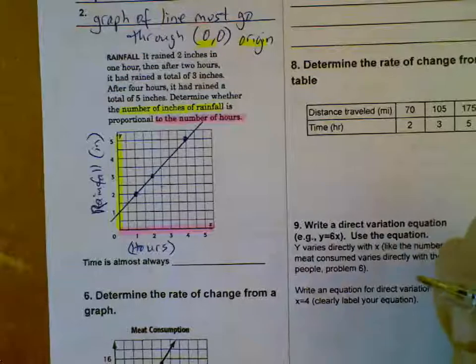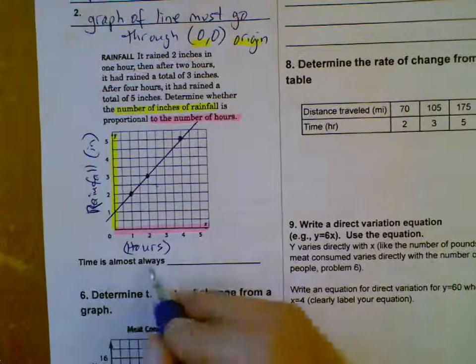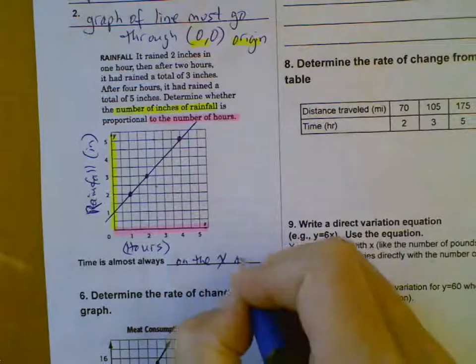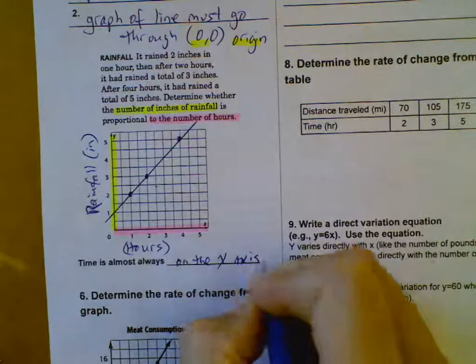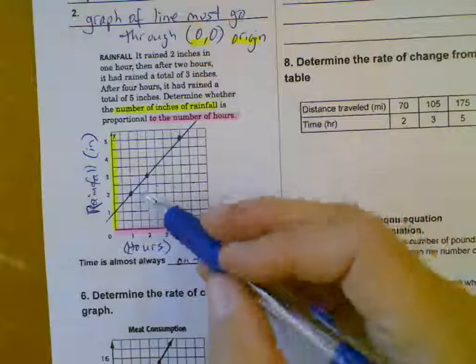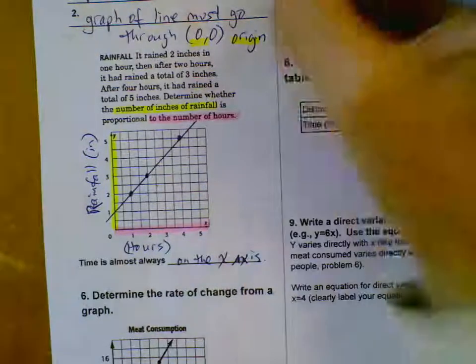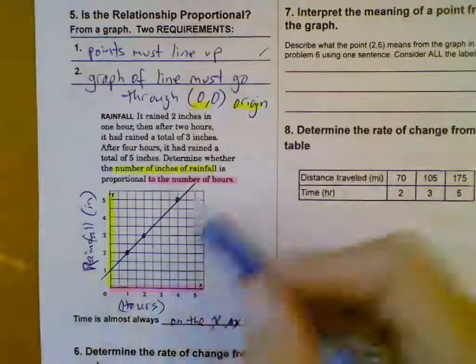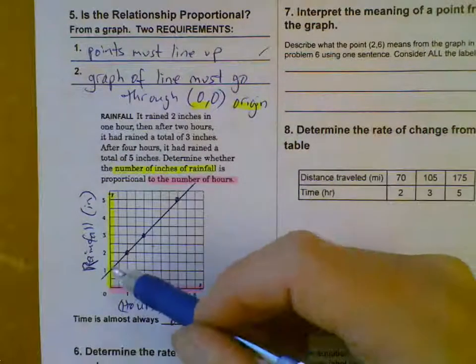Oh, I see this note here. Time is almost always on the x-axis. That's very typical. Well, look, the dots are lined up straight, so that satisfies our first requirement, but does this line go through the origin? No, it does not.